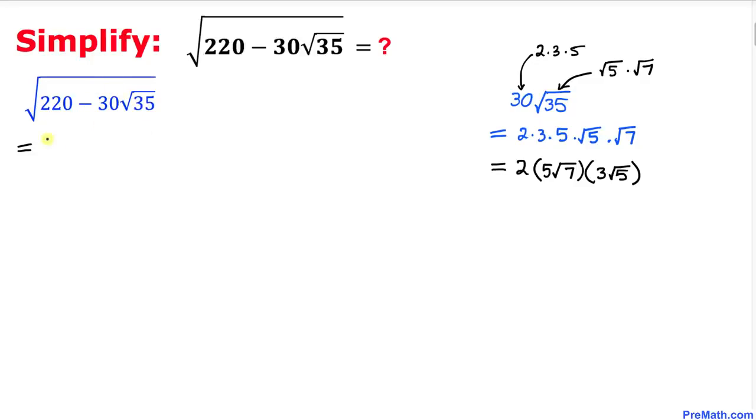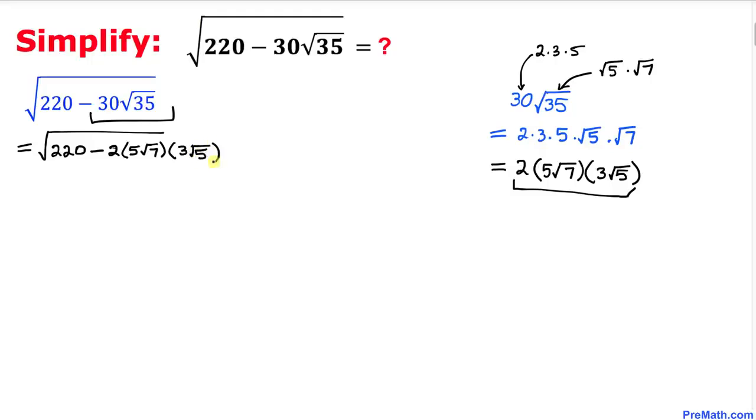So this thing could be written as square root of 220, and then minus this whole thing. I am going to replace it by this, so I can write 2 times 5 times square root of 7, and then times 3 times square root of 5.